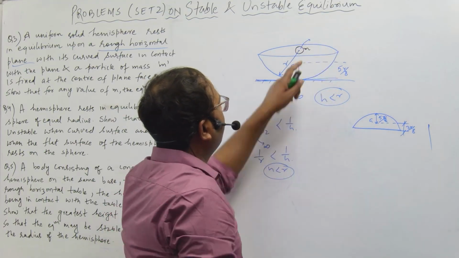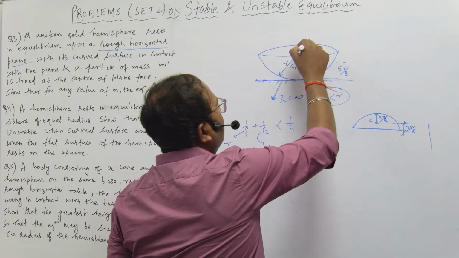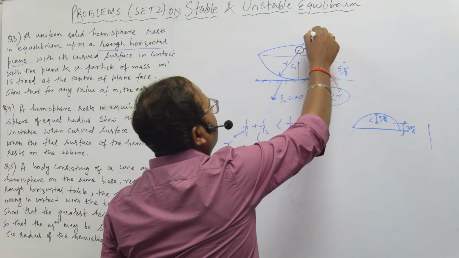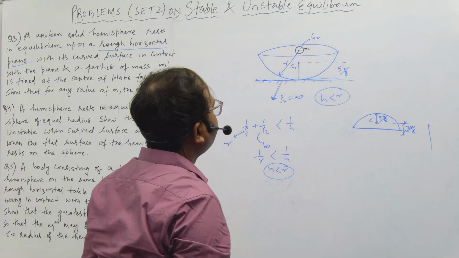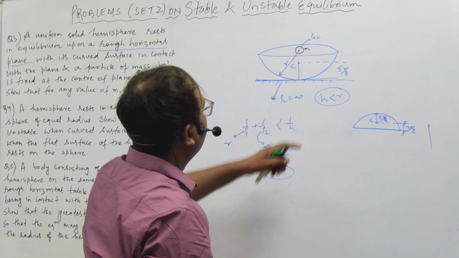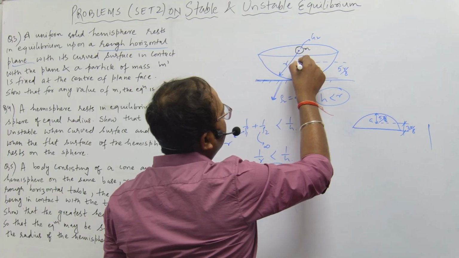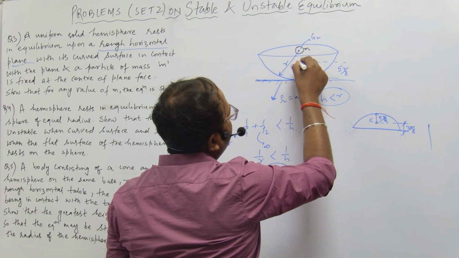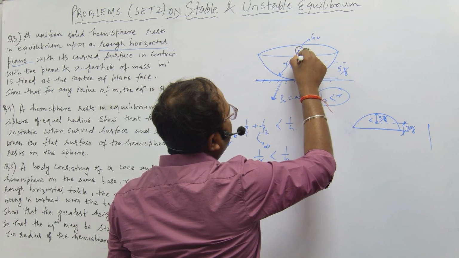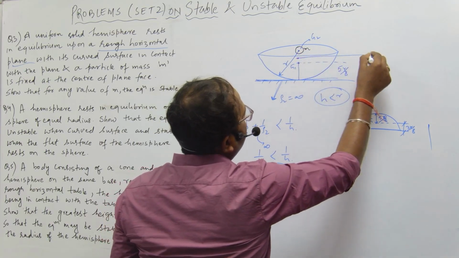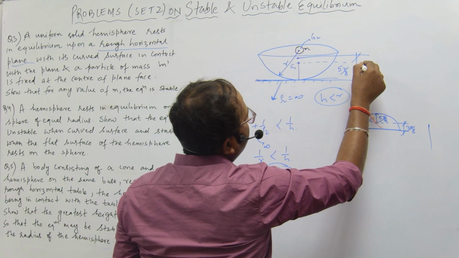And the center of gravity of this mass m will lie at this particular point, that is center of the plane surface. Let us take this as G2. Okay, so the combined center of gravity will lie somewhere here at this particular point. So let us take this as h. So this distance is h.